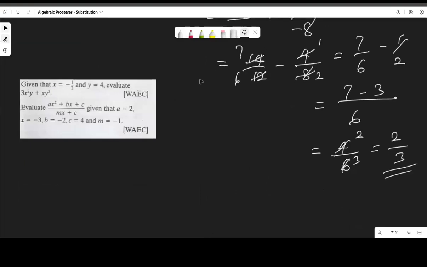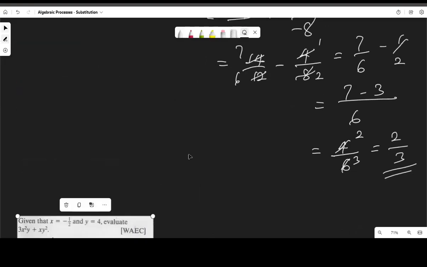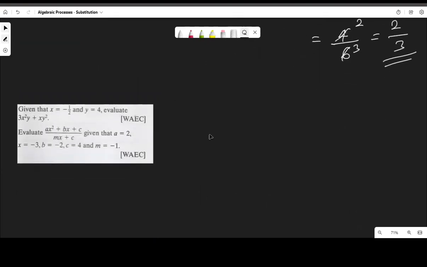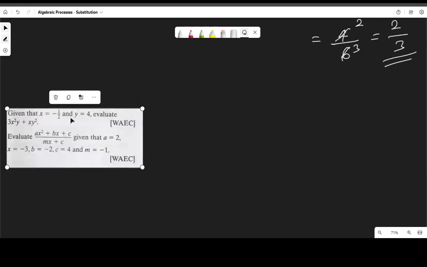So we have some WAEC questions here. The question says, given that x is equal to negative half and y is equal to 4, evaluate 3x squared y plus xy squared. 3x squared y plus xy squared will be 3 times, what is x?